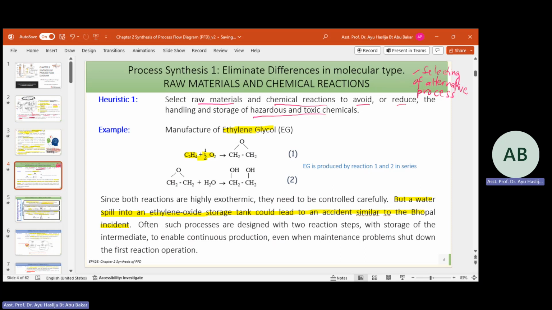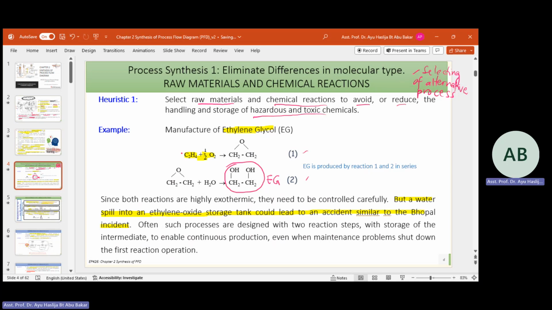We have here an example: manufacturing of ethylene glycol, EG. This is the product, ethylene glycol. From this reaction, EG is produced by reactions 1 and 2 in series.